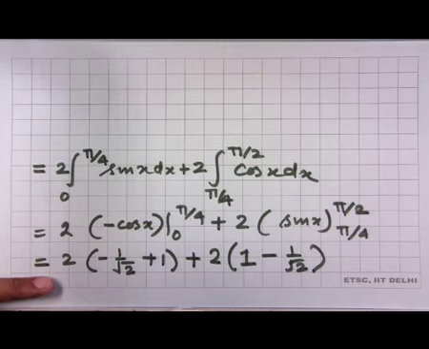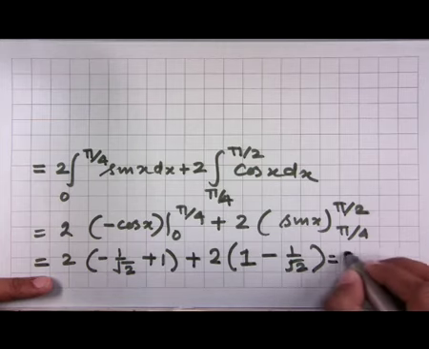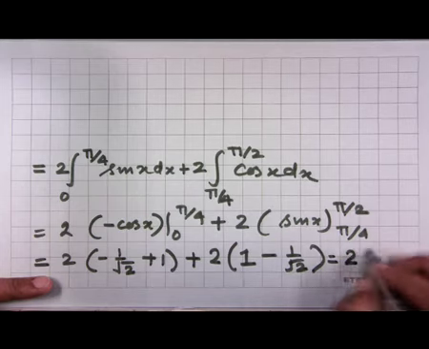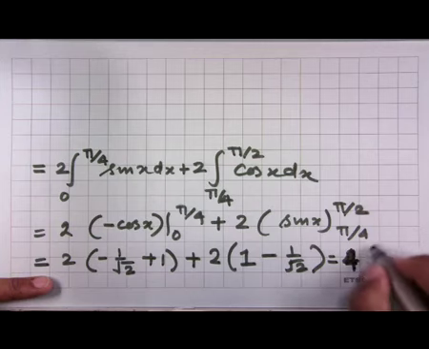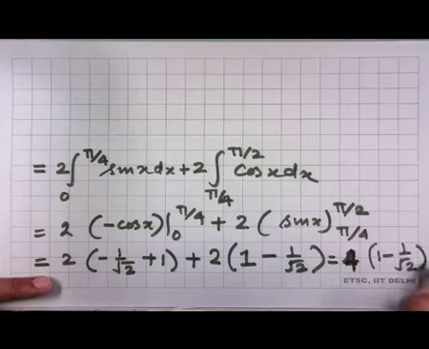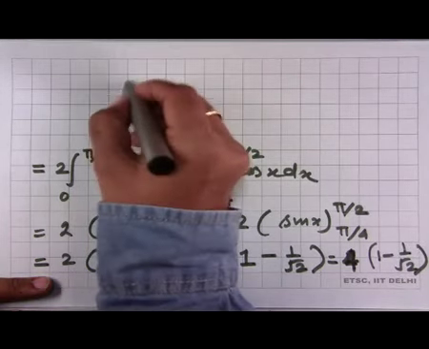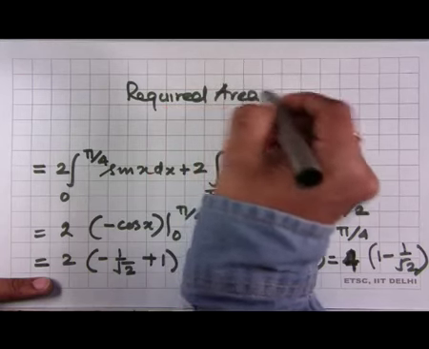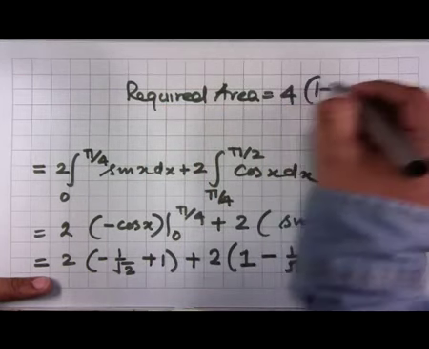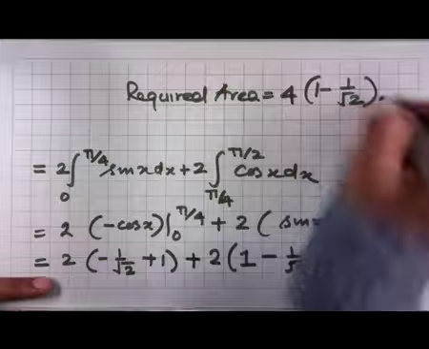So, the total value is 4 times 1 minus 1 by root 2. So, the required area is 4 times 1 minus 1 by root 2.